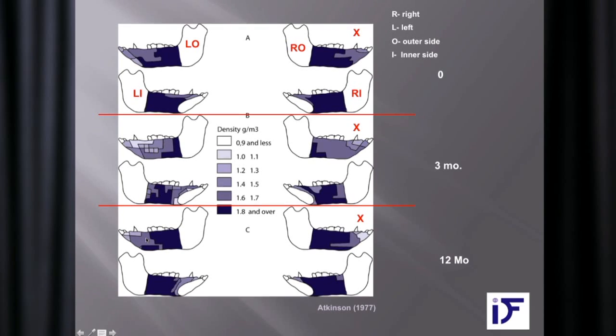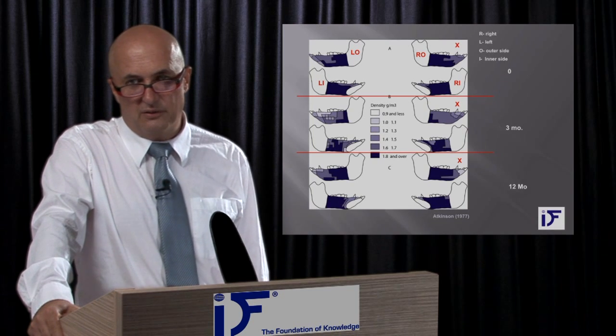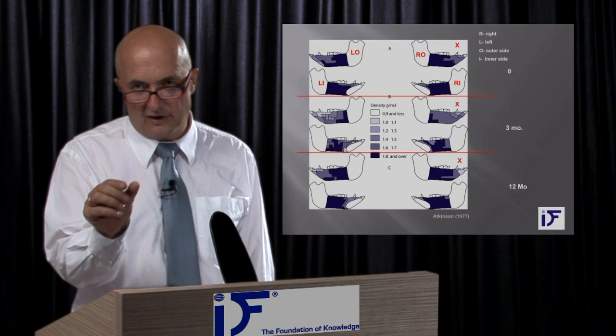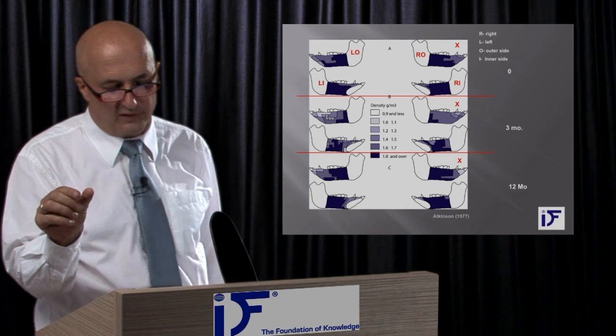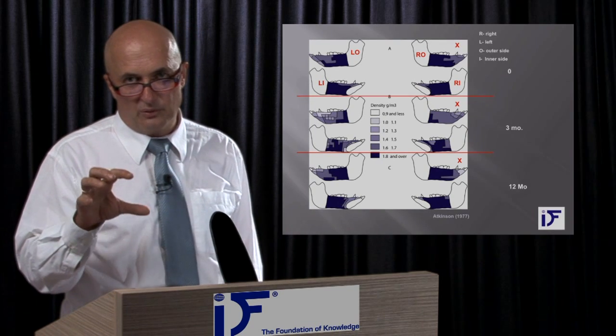Now the same takes place for every change which we perform in the mandible or also the maxilla. So always we see a lot of remodeling. This remodeling brings down the mineralization, not only locally in the area where the tooth was extracted or where the implant has been placed, but the whole mandible will remodel.